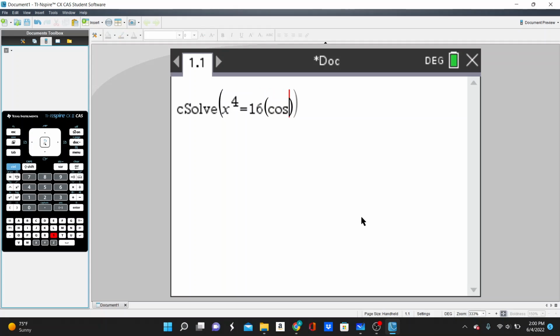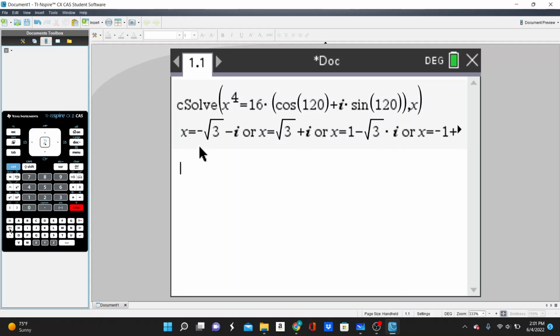So we have cosine 120 plus, and then we have to go down here to get I, times I sine of 120, comma x, and then we get all of our answers. Notice right here, we have our square root of 3 plus I that we found earlier. So let's just look at which ones we have.